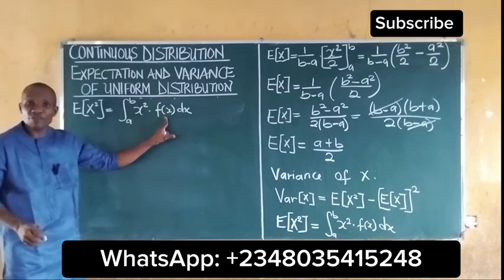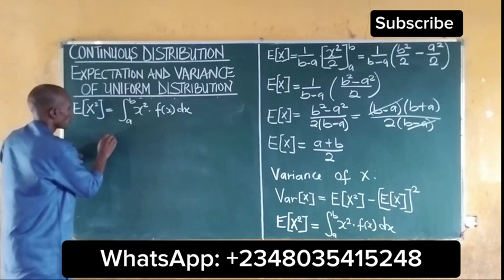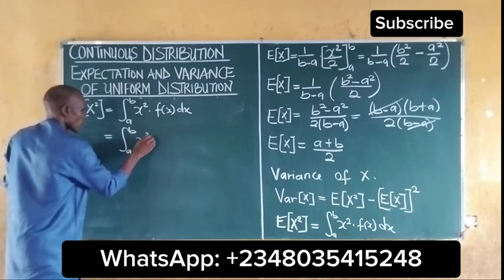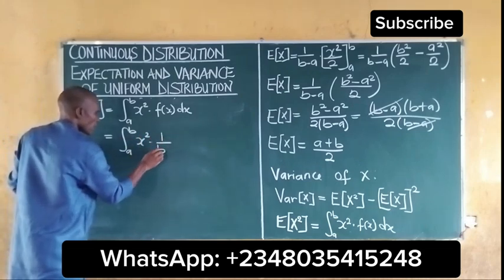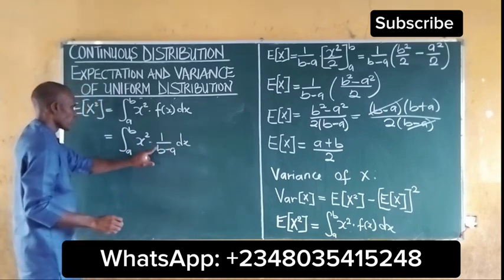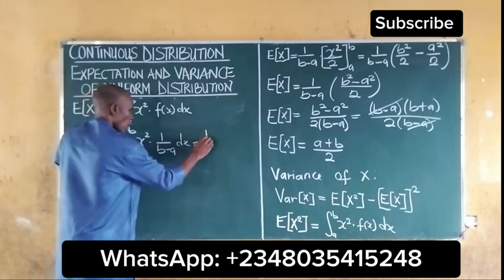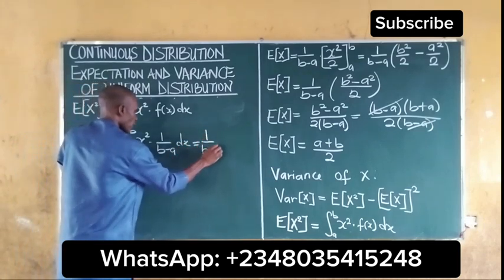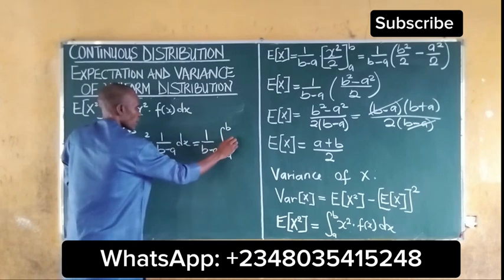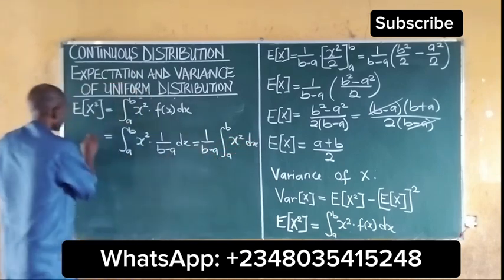So this is the PDF of the uniform distribution. So what we need to do is to include x squared multiplied by 1 all over b minus a dx. Of course, the constant can come out, which is equal to 1 all over b minus a, the integral from a to b of x squared dx.